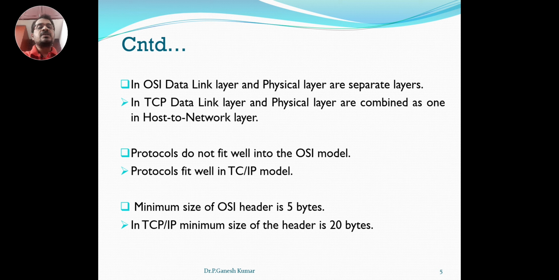Whereas in the TCP/IP model, protocols fit well for whatever your applications. And the last point is the minimum header size: in the OSI model it is 5 bytes, whereas in the TCP/IP model the minimum header size is 20 bytes.